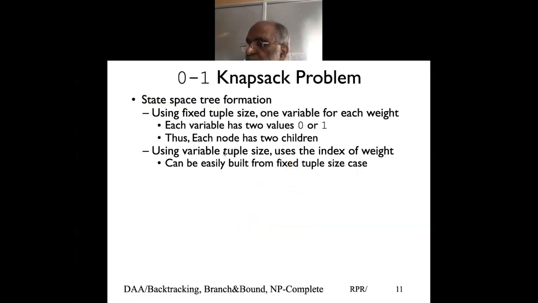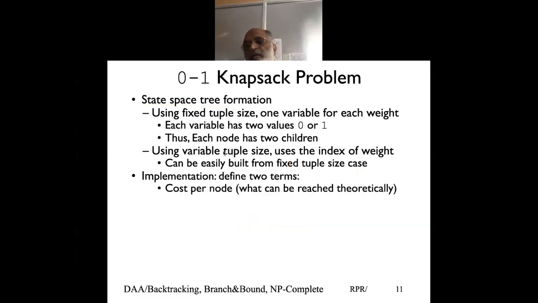We have also seen that for subset problems, you can also use a variable tuple size. When I look at the knapsack, let's say my items are I1, I2, up to IN, and my choice is, let's say, I pick this item, I don't pick this item, I don't pick this item, but I pick this item and this item.